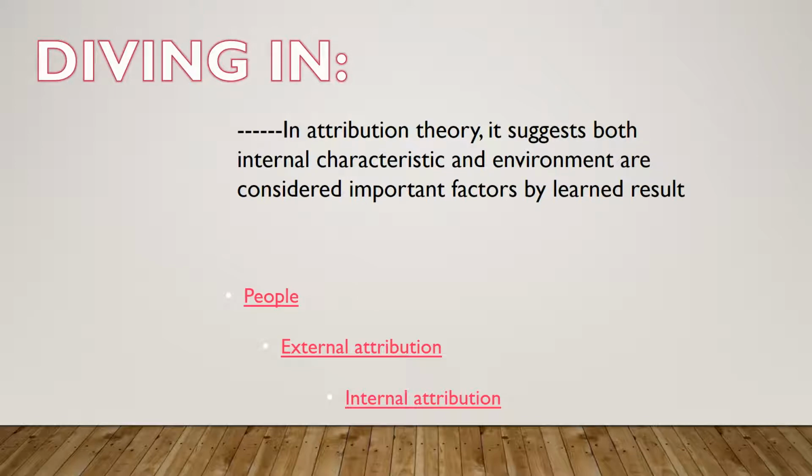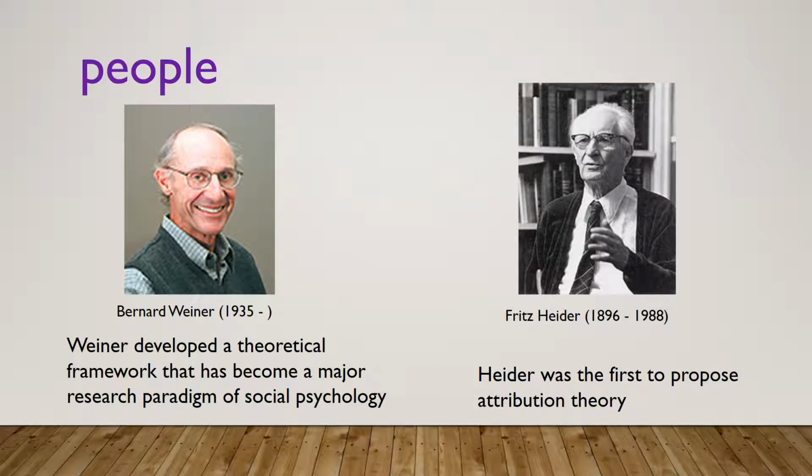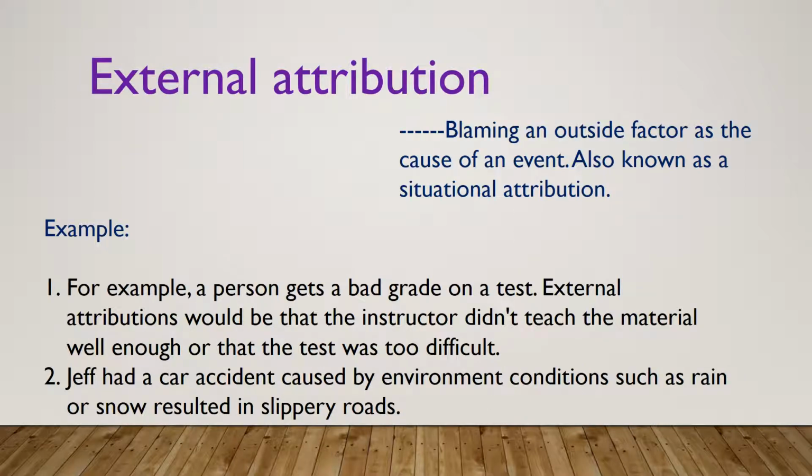Attribution theory suggests both internal characteristics and the environment are considered important factors in learning results. I will give you two examples to distinguish external attribution and internal attribution. The same event can be caused by an external or internal reason.